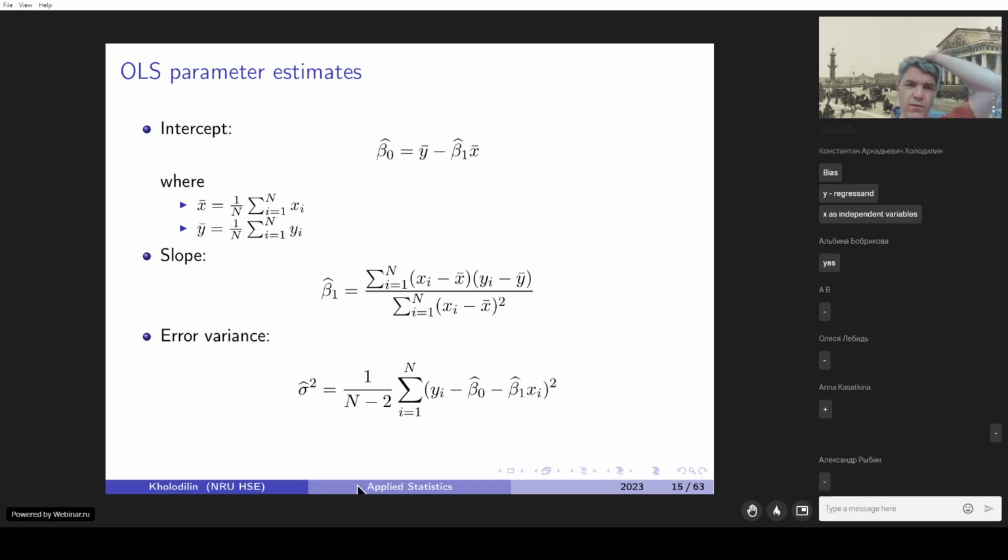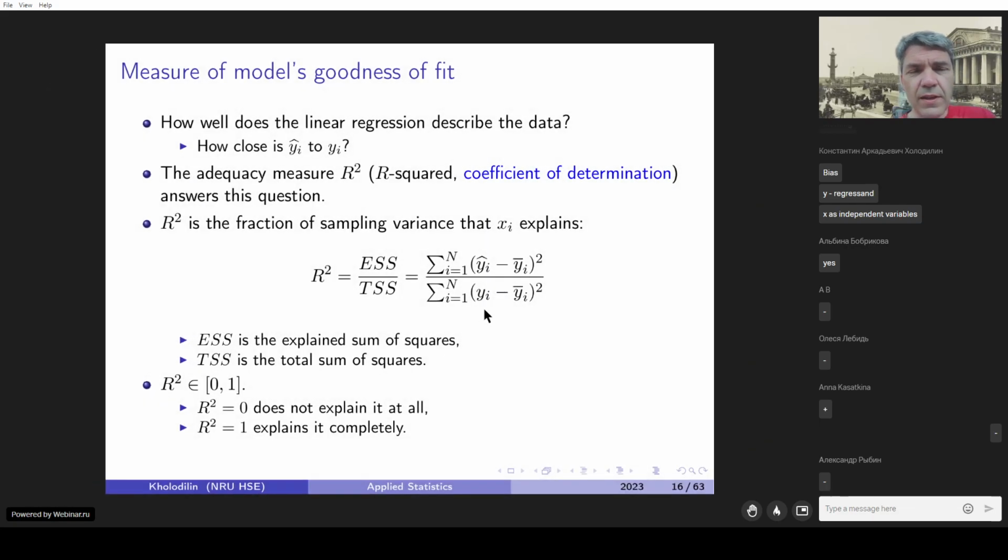And of course, we are interested in the estimates that have the lowest variance of errors, the lowest unexplained part of the variation. And this leads us to the measure of the goodness of fit of the model. So we are interested in those models that have the highest explanatory power, meaning that the unexplained part is as small as possible.